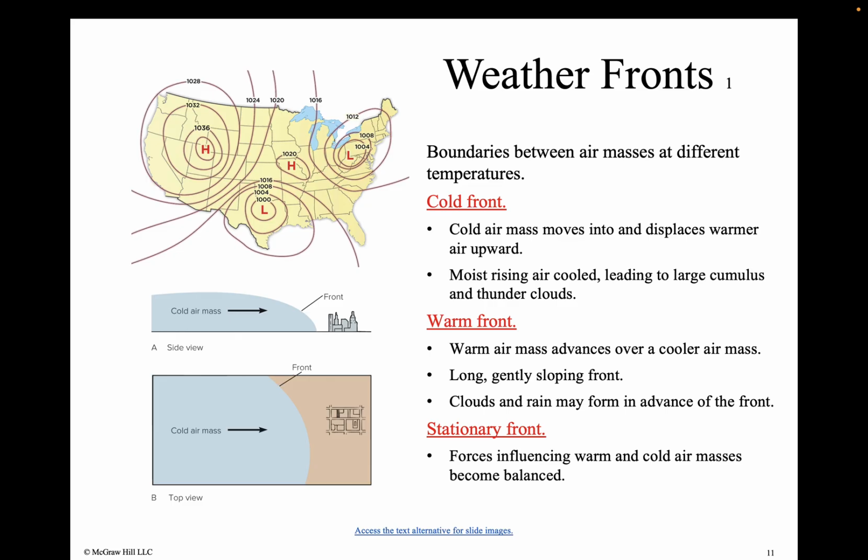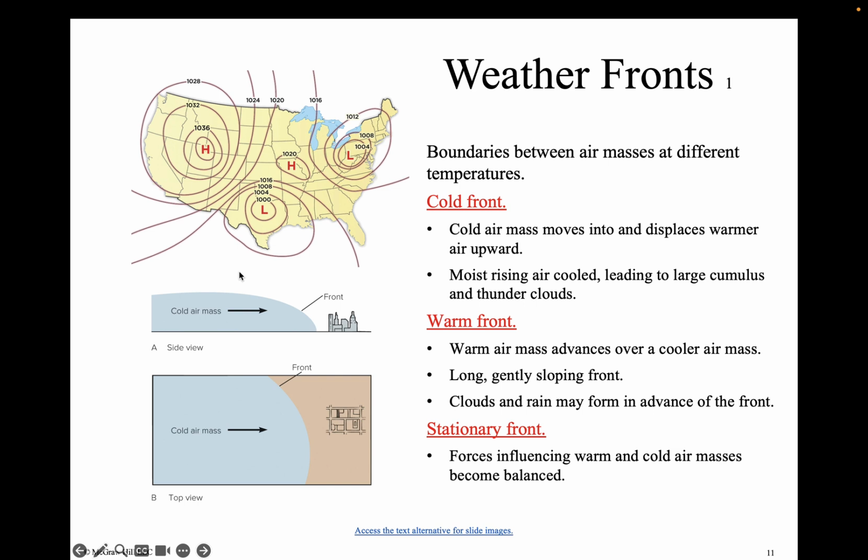Which can lead then to thunderstorms, for instance, okay? So here in this example, that's what you are actually observing. So the cold air mass is sort of like a bubble of cold air that's moving into the land and displacing the warm air upward, okay?